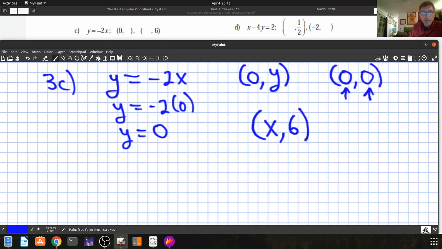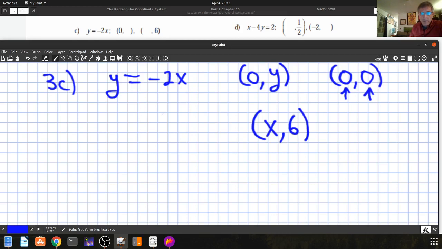And I'm going to use that information to find an ordered pair solution. So notice a pattern here. It doesn't seem to matter if they give me the x first and leave the y for me to find out, or if they give me the y and leave the x for me to find out.